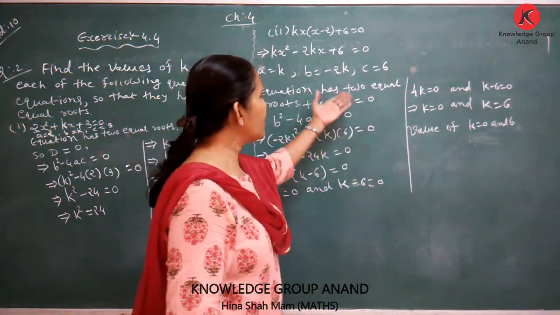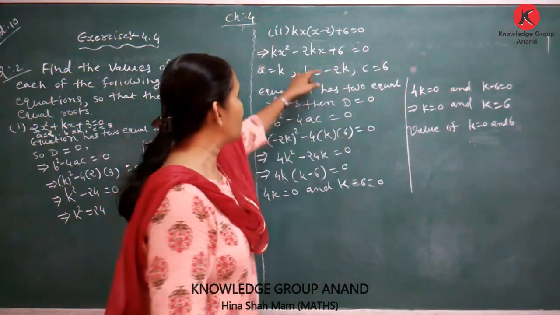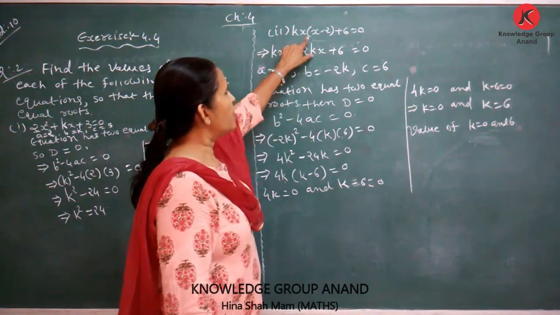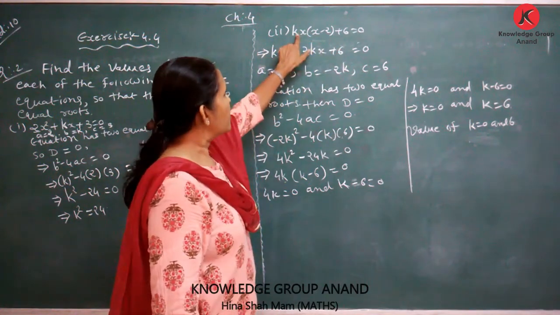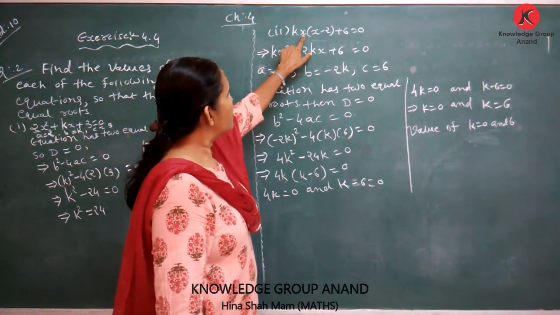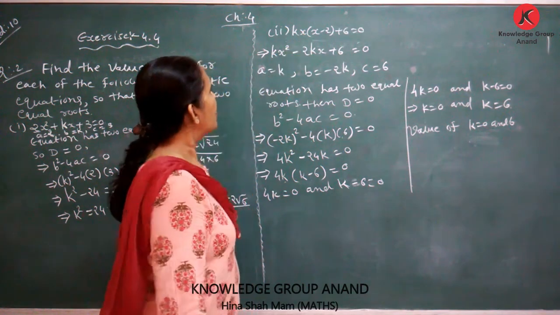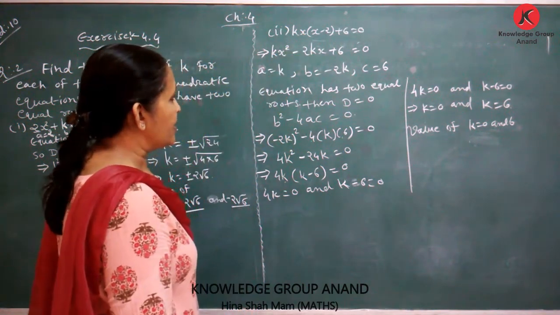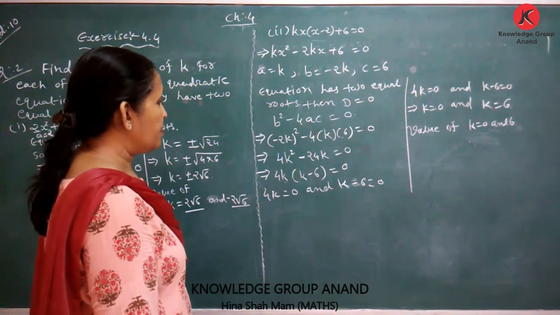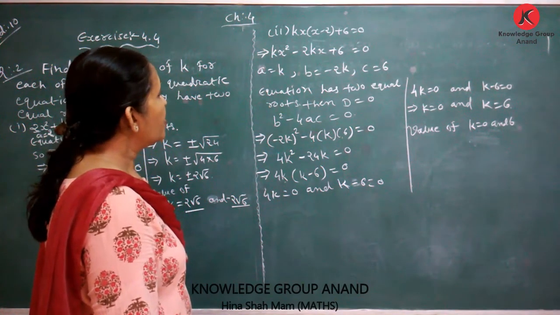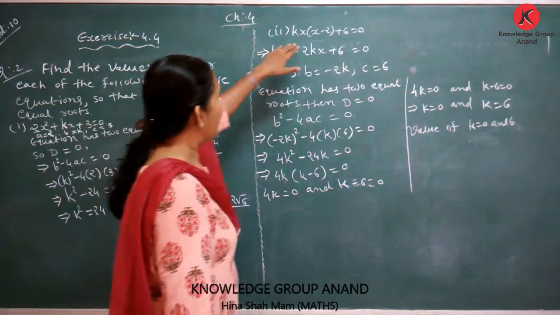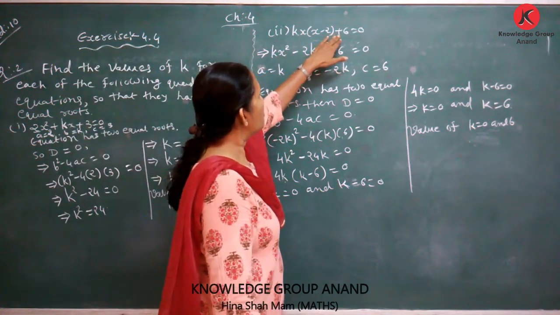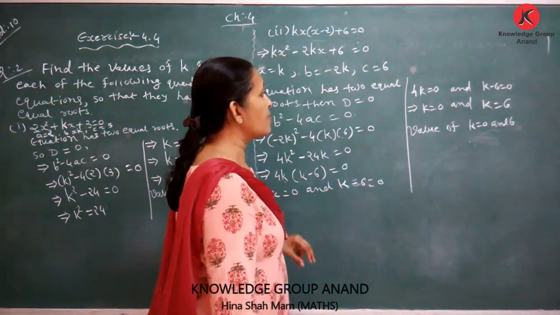Now check whether these values satisfy this equation. You put in these values and then justify. Here put values 0 and 6. For k equals 6: 6x into x minus 2 plus 6 is equal to 0.